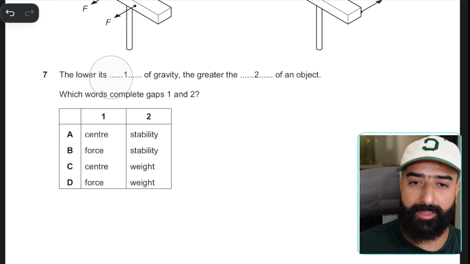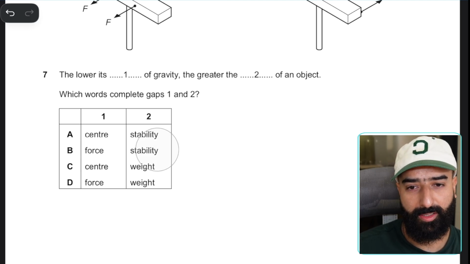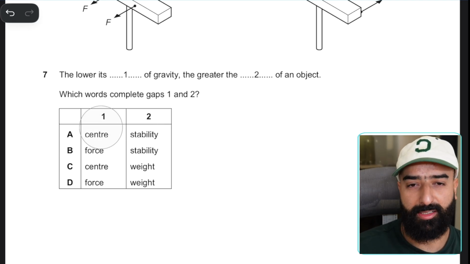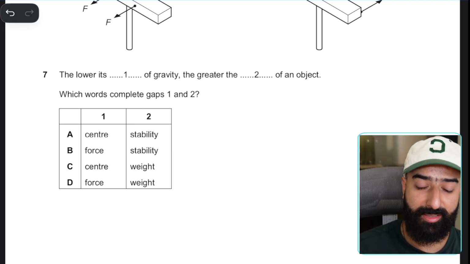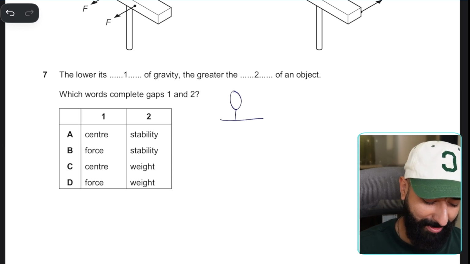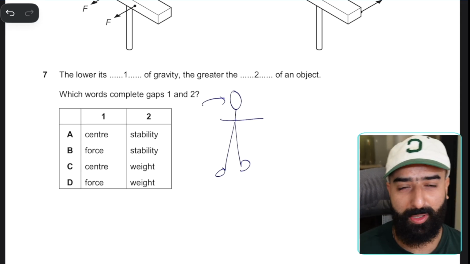The lower the center of gravity, the greater the stability of an object. If you have a really tall guy, okay, Michael Jordan, and if you push him, he's going to tip over and fall.